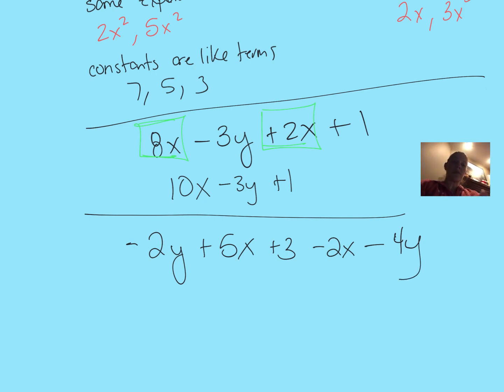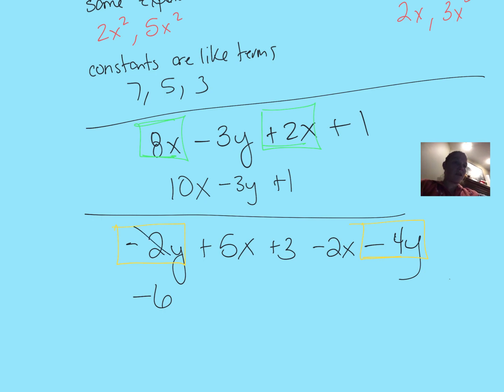So I see a couple different like terms here. So let's start with, I have a negative 2y, and I see another y down here, a negative 4y, because again, that minus sign has to be attached to that term. And a negative 2 combined with a negative 4 is a negative 6, because we're really taking negative 2 and I'm adding negative 4, and we get negative 6.